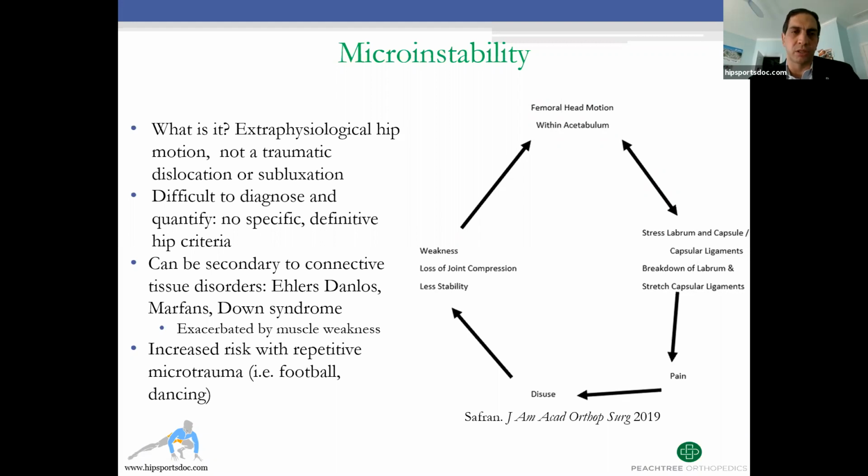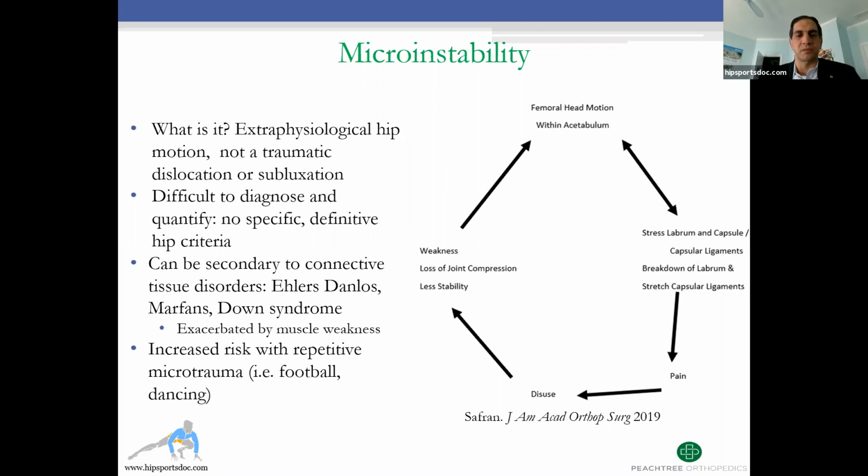In our multi-center study group called the Multicenter Arthroscopy of the Hip Outcomes Research Network, we identified patients as micro-unstable from a data collection standpoint, although we did not use specific criteria because we felt it was so difficult to truly quantify it. It can be secondary to connective tissue disorders like Ehlers-Danlos, Marfan's, or Down syndrome, and then also contributed by muscle weakness.